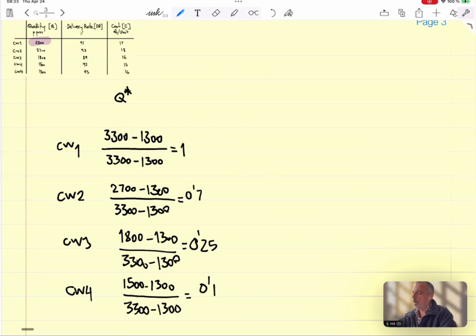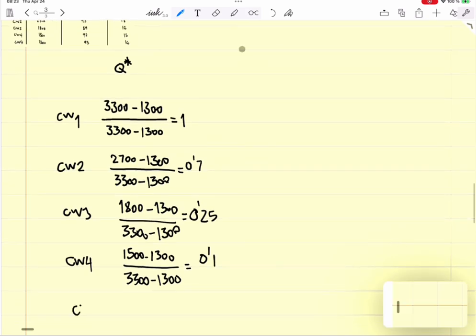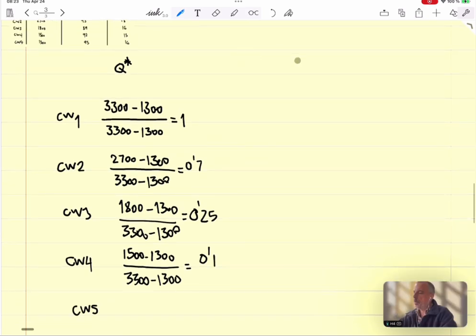The last one will deliver 0 because it's 1.3 minus 1.3. You will notice when you do it, you will always have one number that is 1, the maximum, and one number that is 0, the minimum.